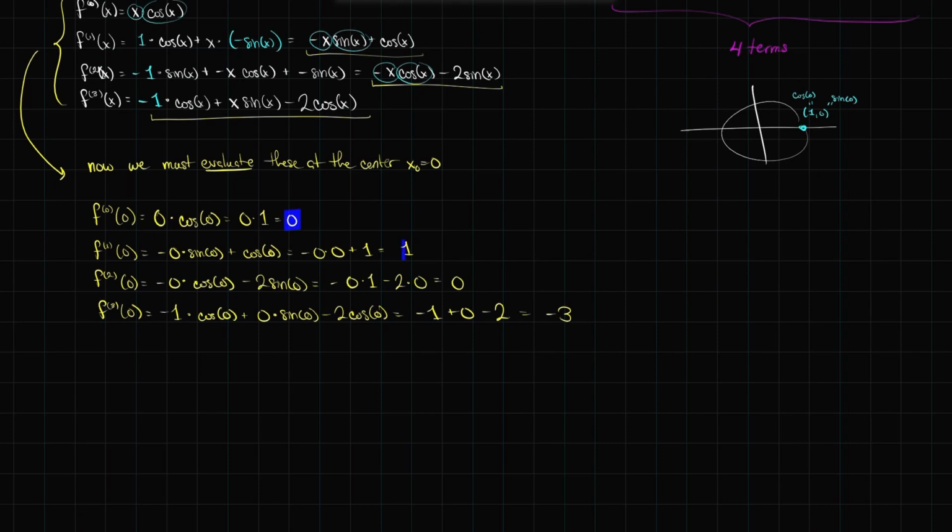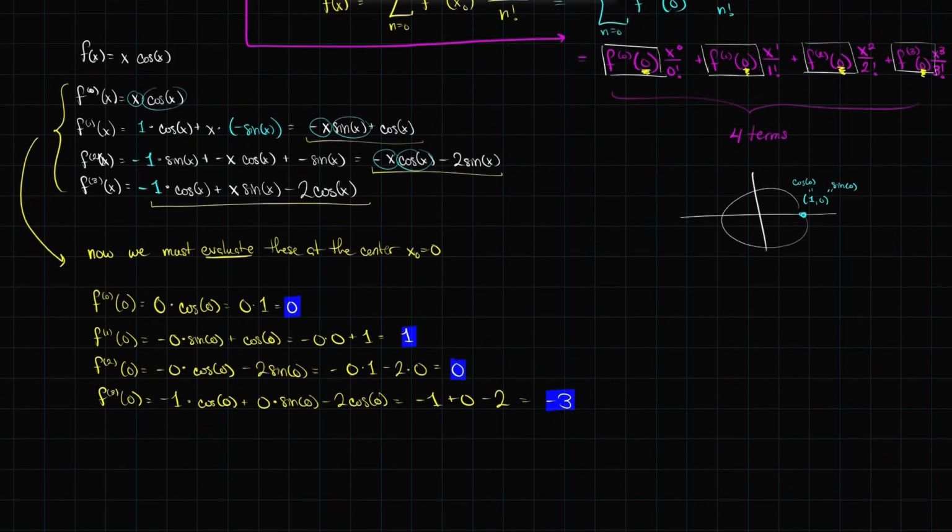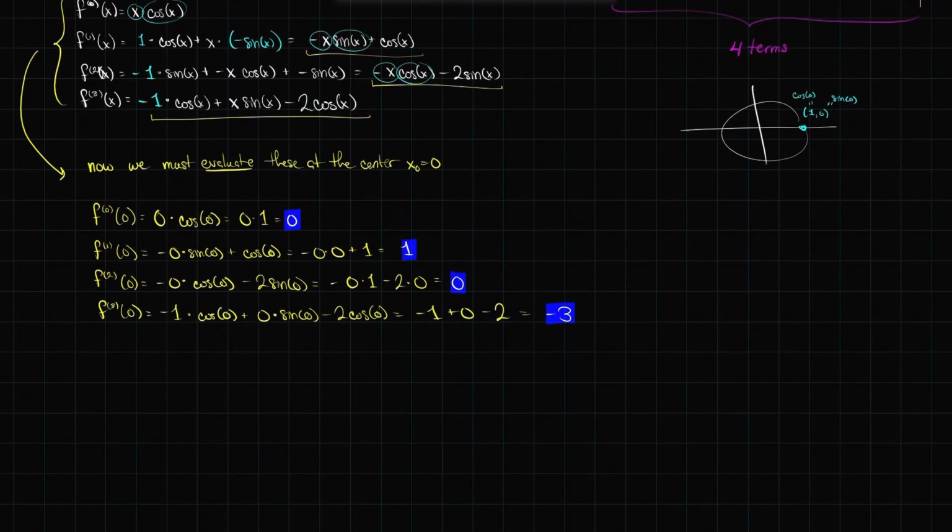So what I've calculated here is 4 coefficients, because I'm looking for the first 4 terms of the Taylor series. And in my Taylor series, those coefficients, here, here, here, and here, are all attached to these monomial terms. So I'll go ahead and add those 4 monomial terms to my 4 coefficients here.